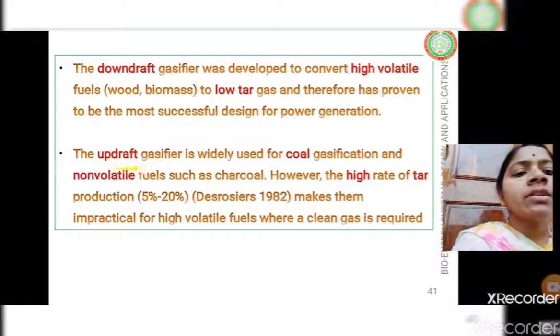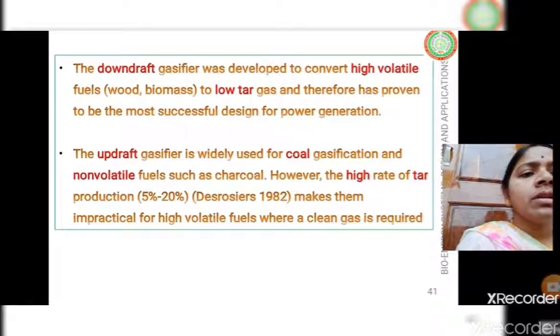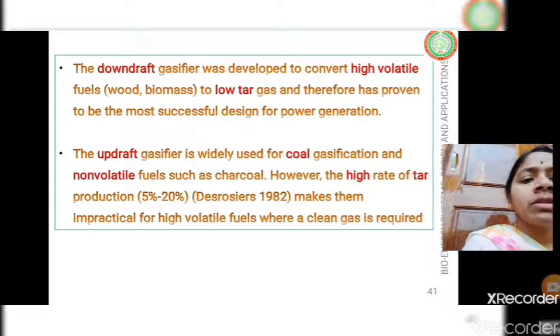Similarly, the updraft is widely used for coal gasification, which is non-volatile. This means the updraft gasifier is not suitable for high volatile fuels if we want low tar, whereas the downdraft gasifier is suitable for high volatile fuels.